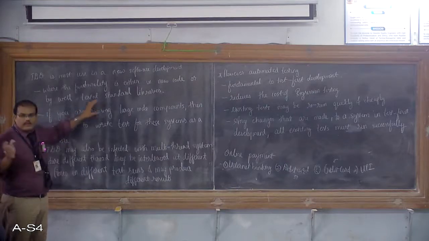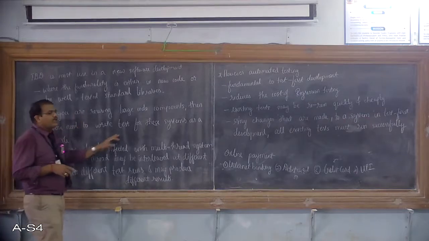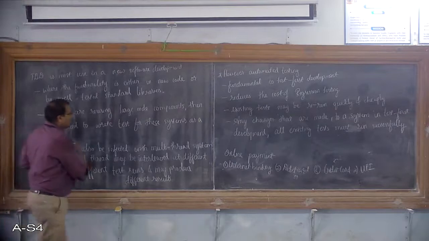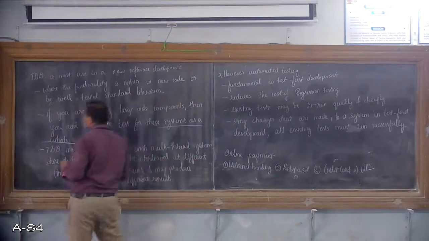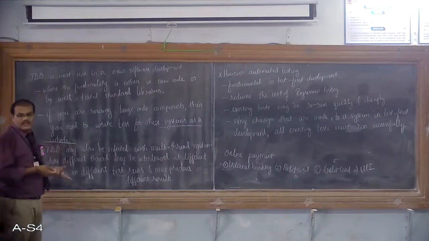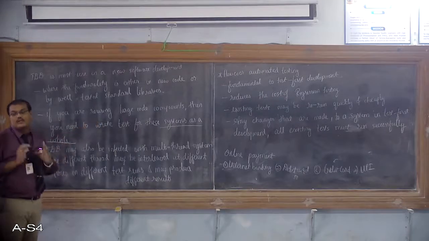If I'm combining all these modules or small codes together, I need to do a test of the entire system as a whole, to see how the working takes place. So I need to find a test case for the entire system, not for a particular module.